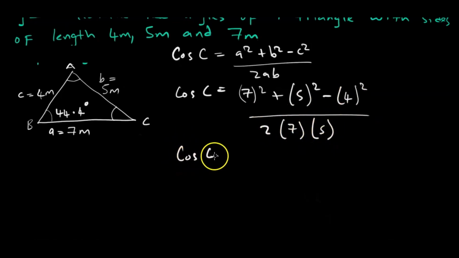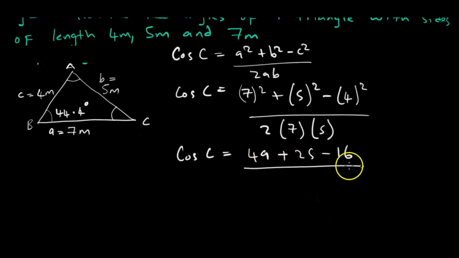So the cos of c here is equal to 49 plus 25 minus 16 over, what is 14 times 5? So 14 from 2 times 7, of course, times 5 is 70.